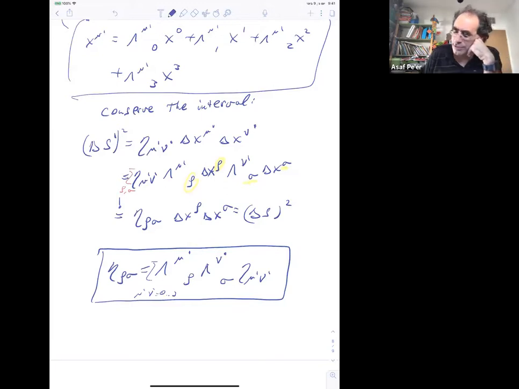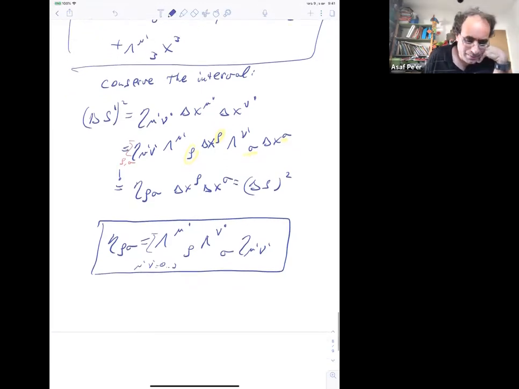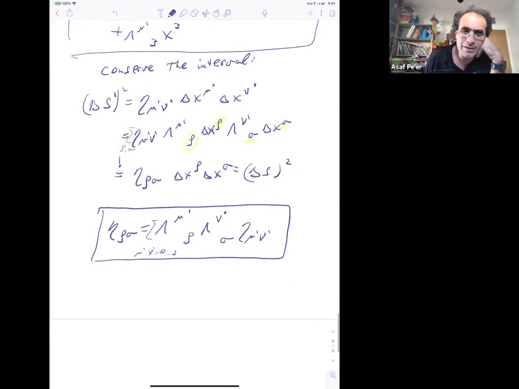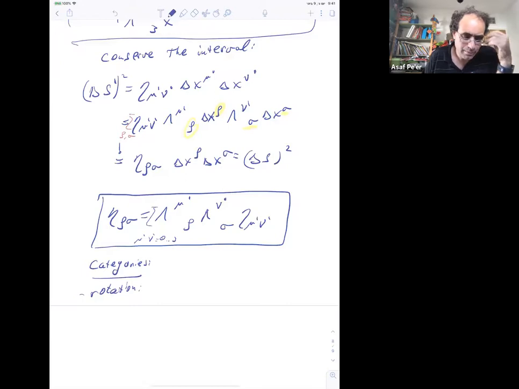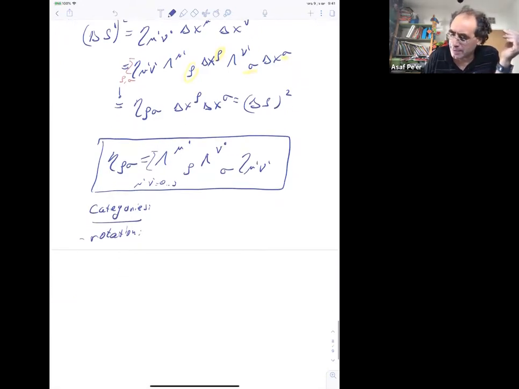Okay, so Lorentz transformations fall into several categories, right? The first one is a simple rotation. If we have a rotation in the XY plane, I'm going to write it down simply as lambda mu prime nu.